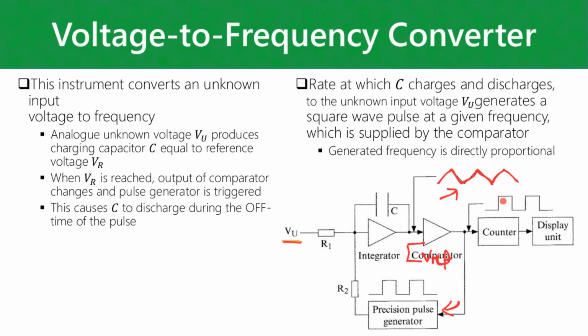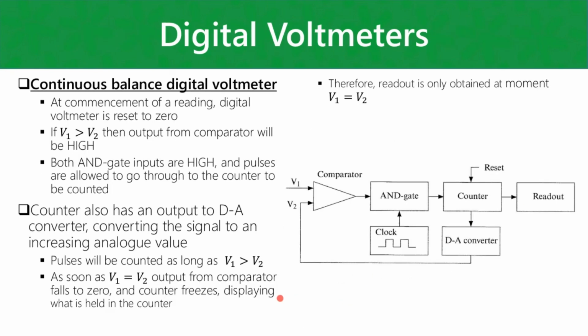Those pulses are then generated at a specific frequency, depending on the input voltage. So that frequency is directly proportional to the voltage we have on the input. This is a way of measuring the voltage, but in a time or frequency base.